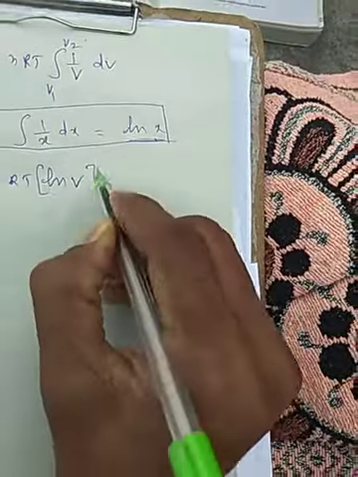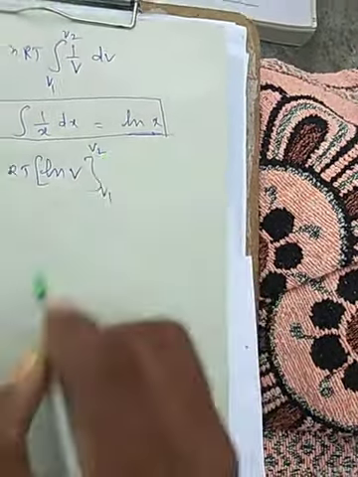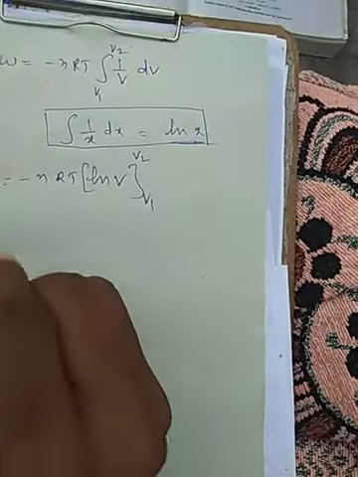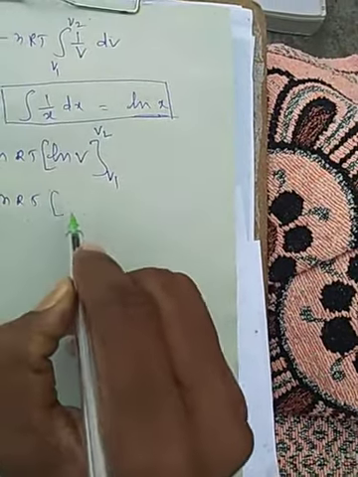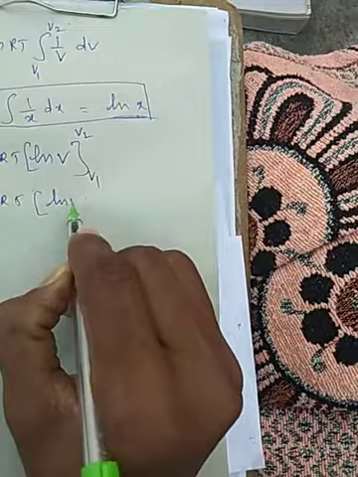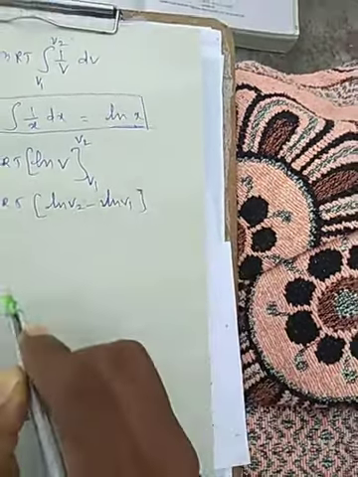The limits given are lower limit v1 and upper limit v2. Applying the formula, upper limit minus lower limit, we get ln v2 minus ln v1.